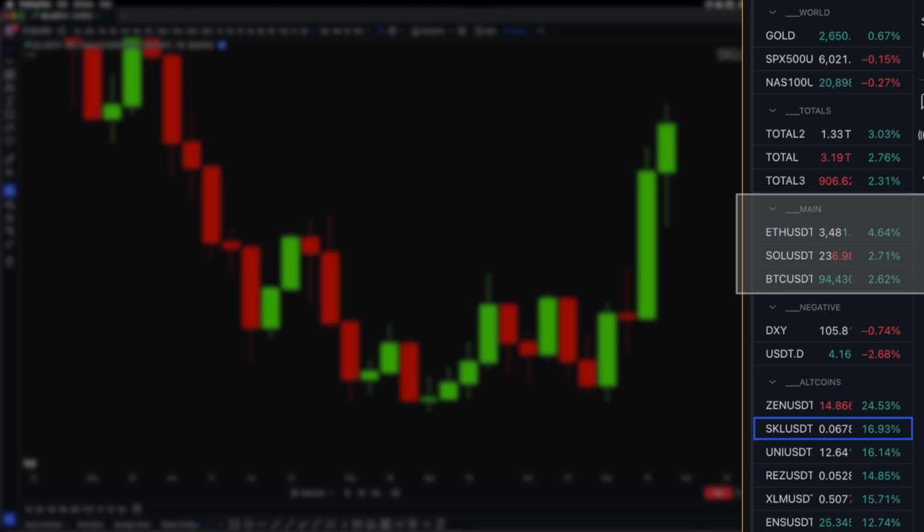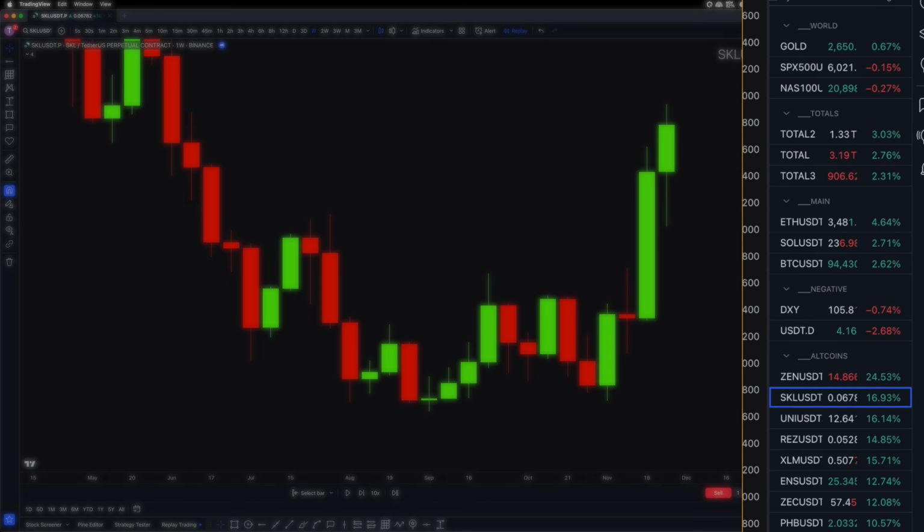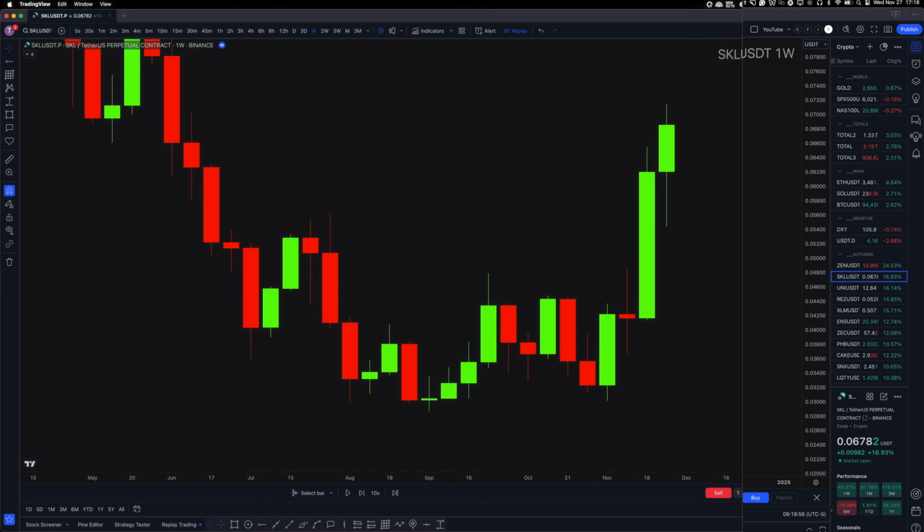The major coins are doing really great. Bitcoin wicked the 90K and is now powering up again up to 95K. And the dollar is really weak, as you can notice. So, all in all, by looking at this, I can say that we are in a really great strong day, a good day to look for long trades.